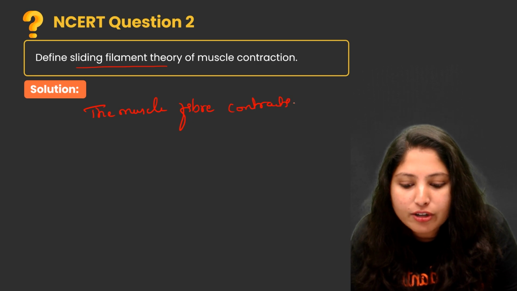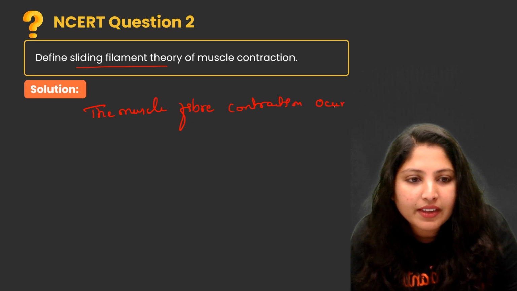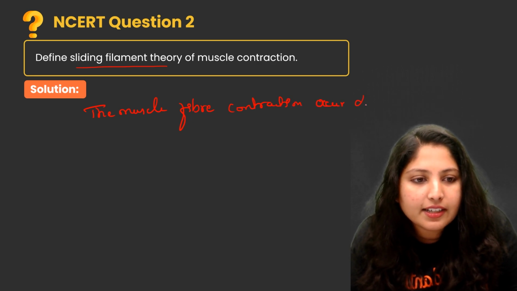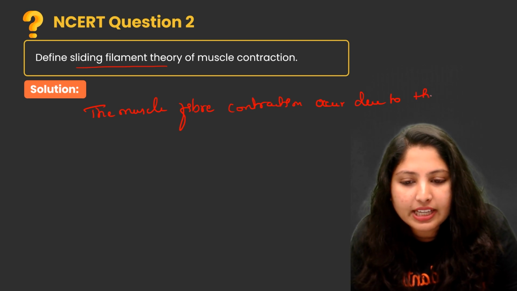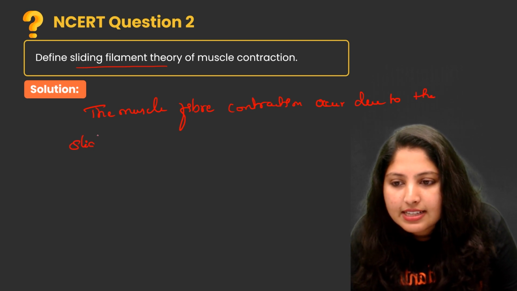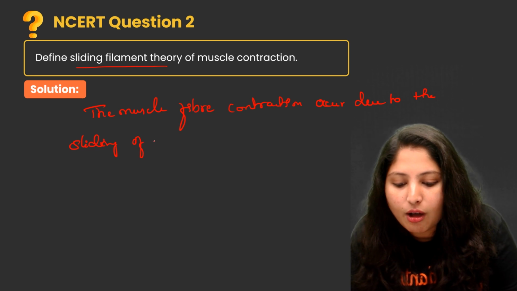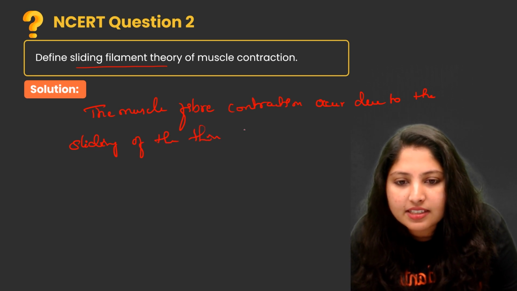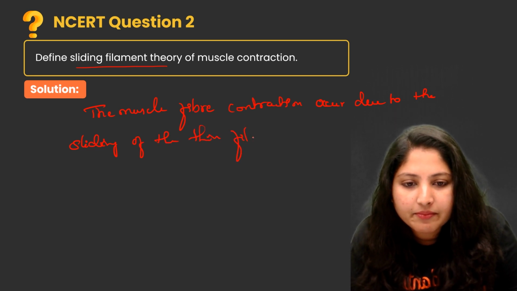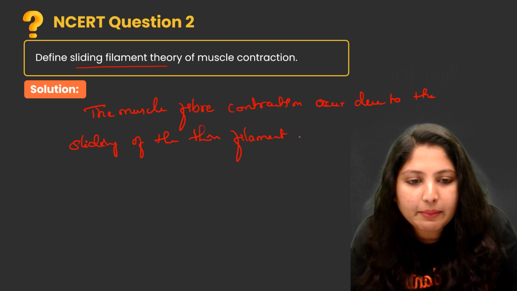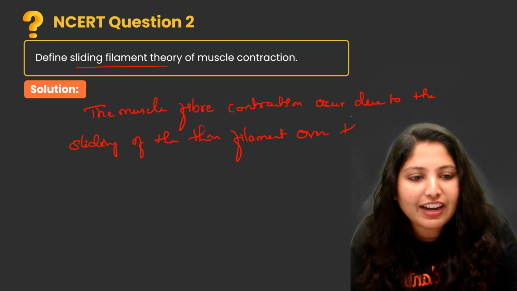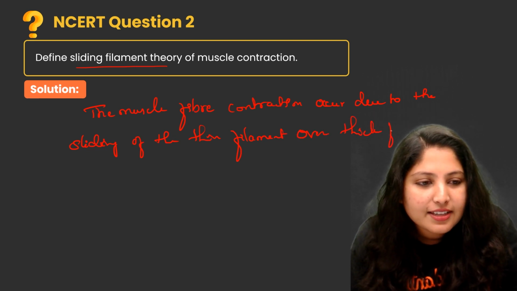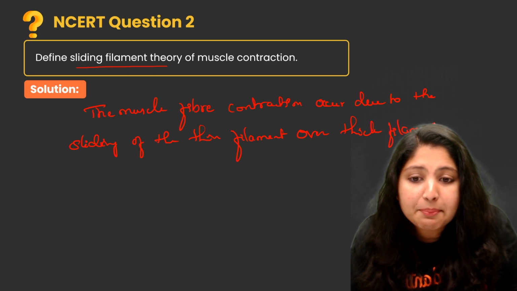Muscle fiber contraction occurs due to the sliding of the thin filament over the thick filament.